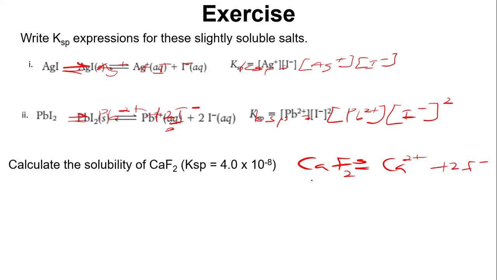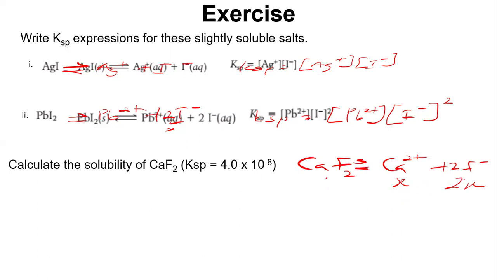Now, at the initial concentration, we would have 0 of these formed, right? But at equilibrium, we realize that if we have X moles of this formed, we have 2X moles of this one also formed, right?